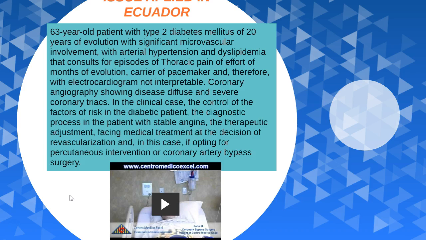Coronary angiography shows severe, diffuse coronary lesions.